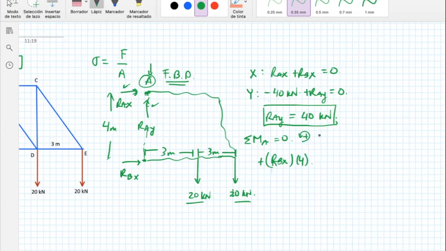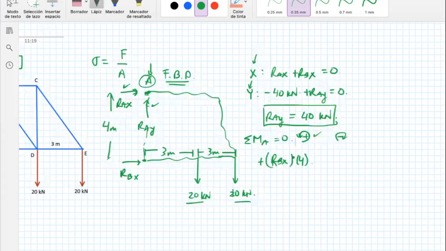Most of the time we deal with forces, and forces are a little bit easier to know if they are positive or negative, whether they are going left, right, up, or down. But when it comes to moments, you just need to decide whether they are going this way or the other way. If they are going clockwise, it's going to be negative, and if they are going counterclockwise, it's positive. But it could be the other way around, and it wouldn't be any problem.